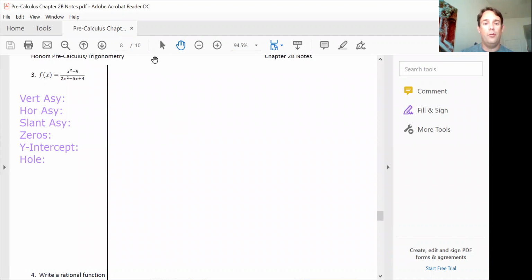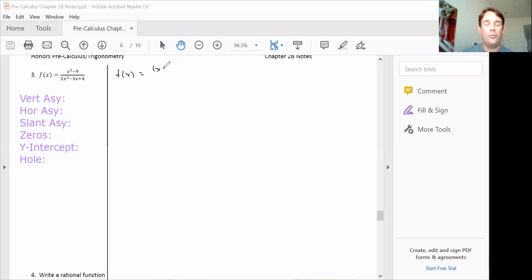All right, here we go, friends. So vertical asymptote. First thing I got to do is figure out, does my graph factor? In this case, let's see here. 2x squared minus 5x plus 4. The denominator doesn't factor. The numerator does, though.